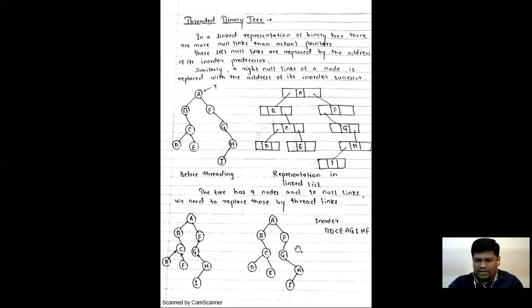After A, what will be the value? After A, G. Next, I, after that H and F. By considering this diagram, this in-order is correct.